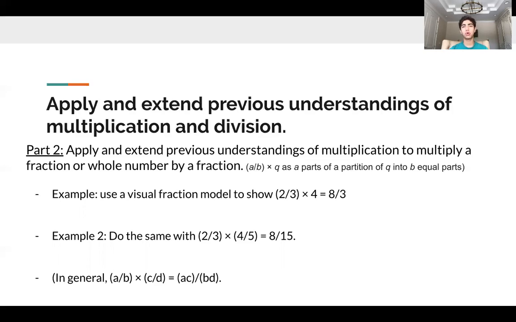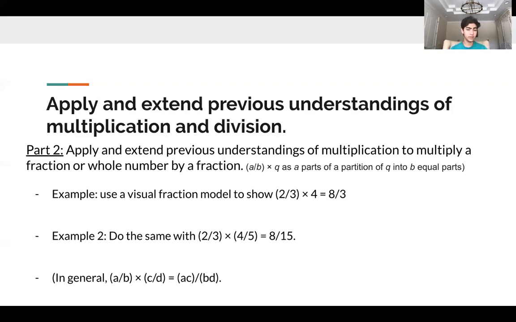Now go ahead and duplicate that pie 3 more times, so you have four pies total, with 2/3 red colored in each pie. Now, if you multiply that initial pie with 2/3 colored in by 4, that will give you 8/3 pie that is colored in. So that's how you use that visual fraction to show 2/3 times 4.